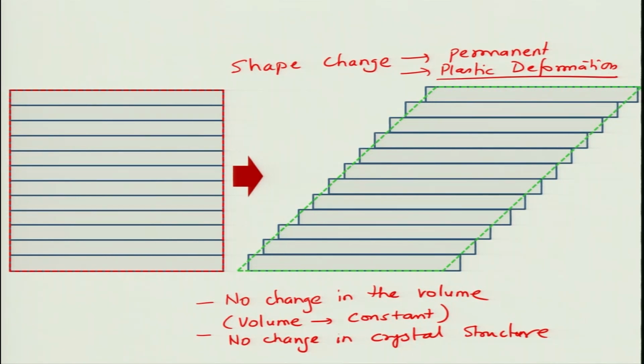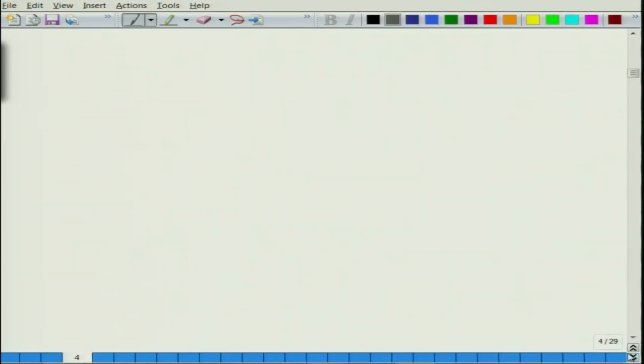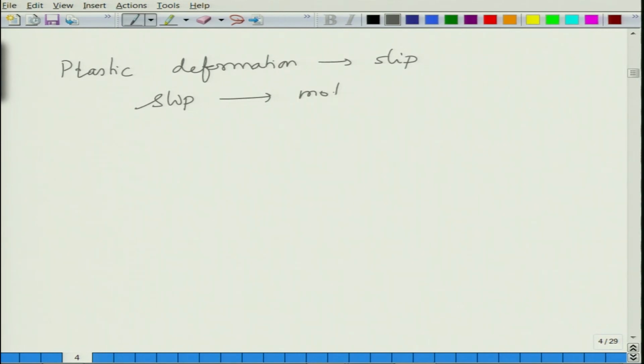Okay. Just to summarize, we say plastic deformation happens by slip, and the slip takes place by motion of dislocations, because the theoretical strength for slip is very large, that is not practical.